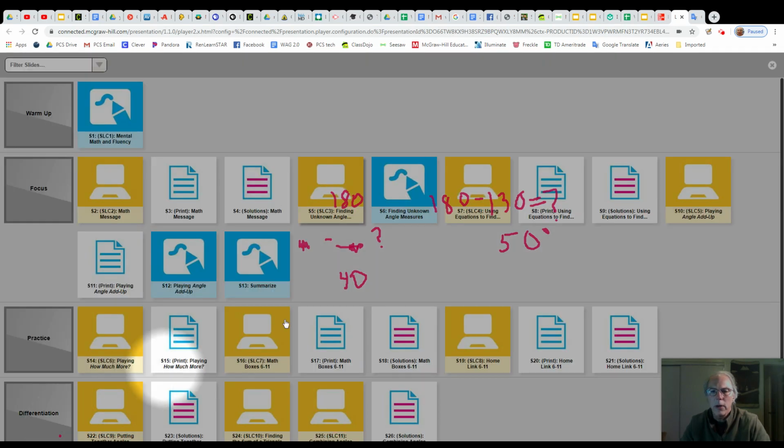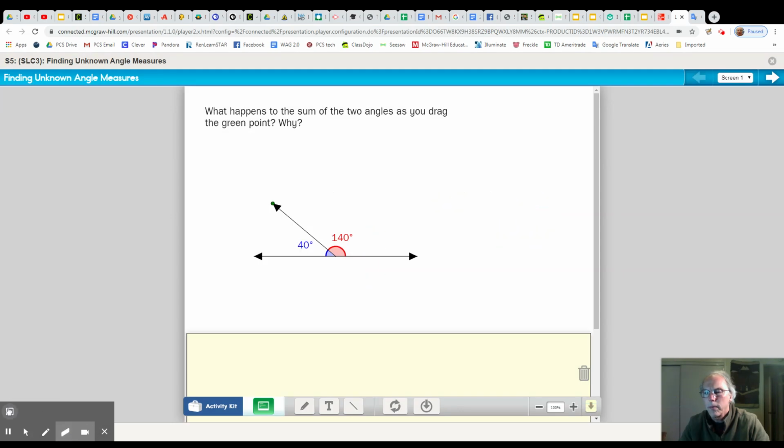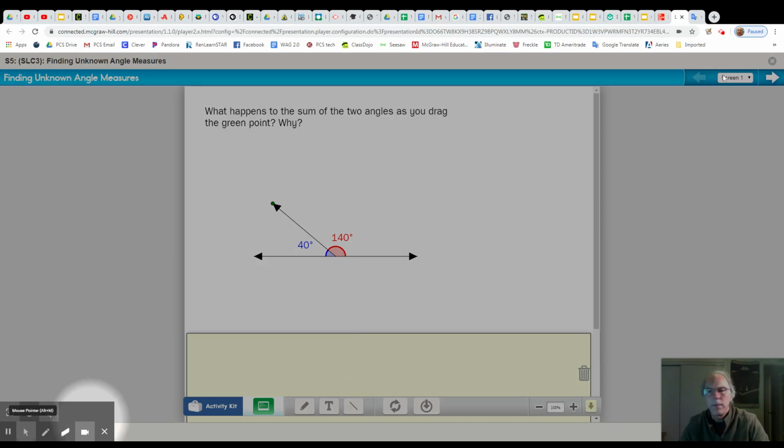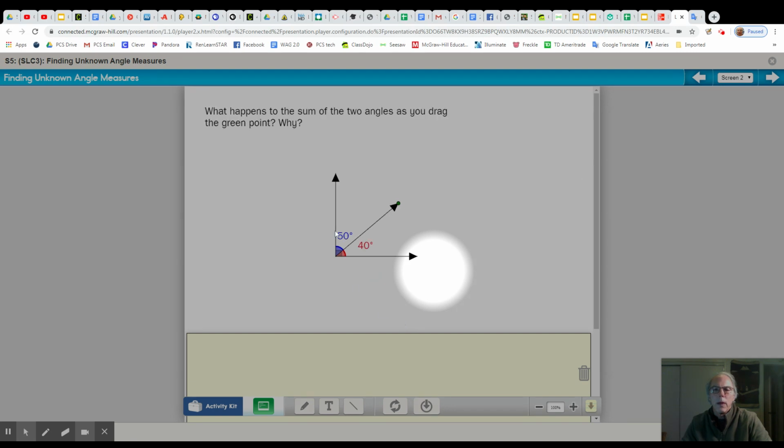So let's go to the next screen. Whoops, could have done that from right there. Let's get rid of all this stuff. Still getting used to this program. Now we've got a 90-degree angle. It's a right angle.